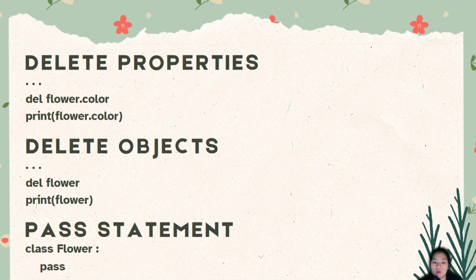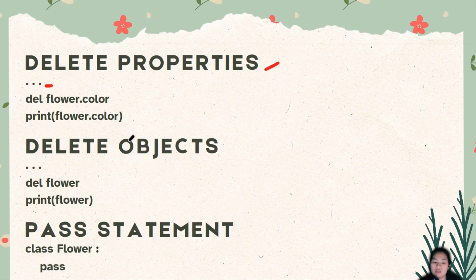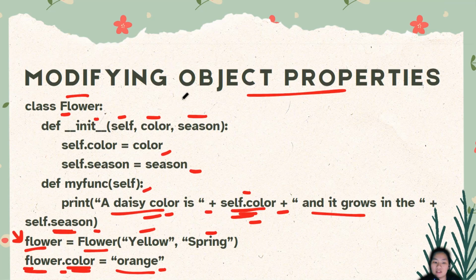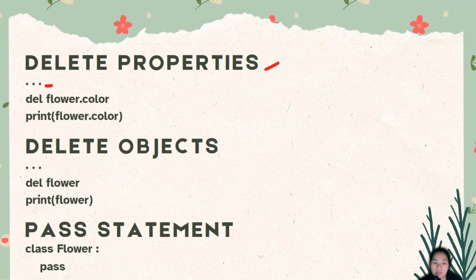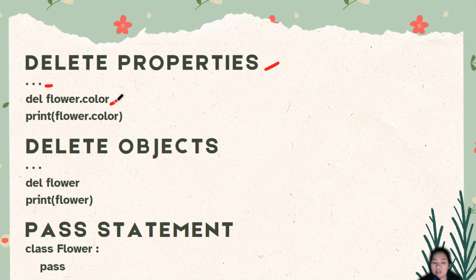Now, what about deleting properties? Okay, so the three dots over here represent this bunch of code up here. I just didn't want to rewrite it because I feel like that's kind of useless. The only difference between this and this is del flower.color.